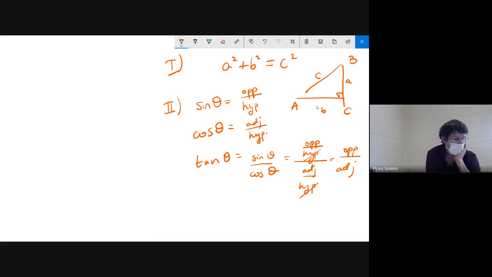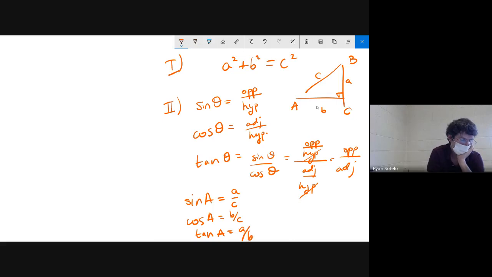So if I was looking at angle A, I would say that sine of angle A is equal to the opposite, which is little a over c. And for cosine of angle A, it would be adjacent, so little b over c. And for the tangent, it'd be a over b.